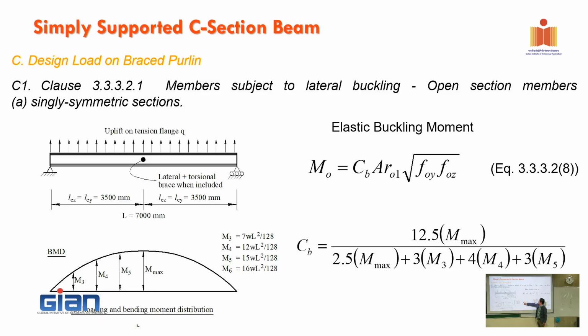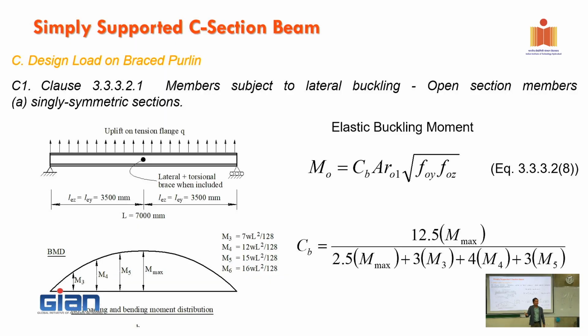Right, so the CB you put in here, then you can calculate FO, the elastic buckling moment. And in that one, you got RO1, the one that we calculated before, times the square root, and this is FOZ and FOY. Interesting here. So what is this one telling you about the buckling here?